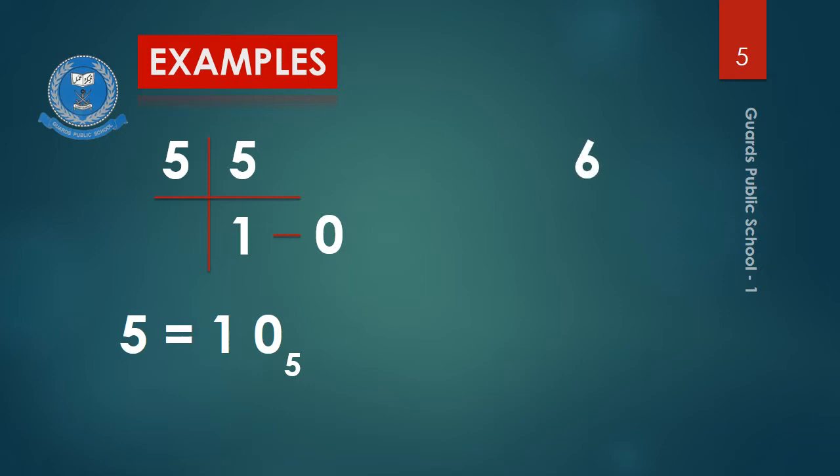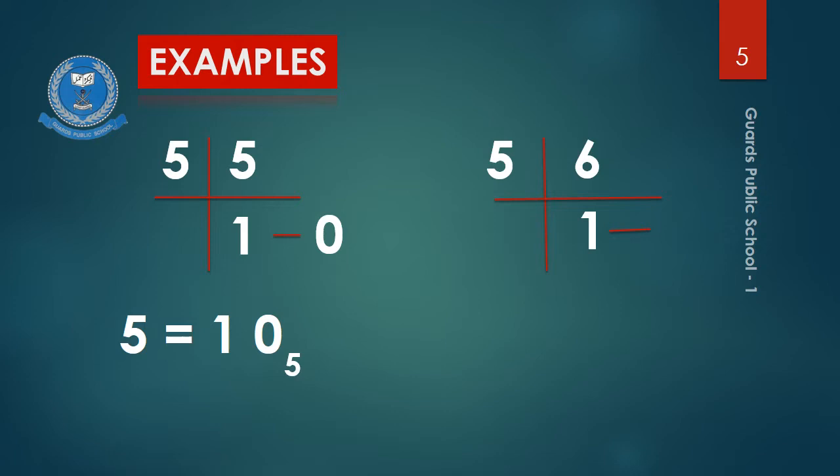Next number is 6, which is a decimal number, and we are going to convert it into base 5 system. So, divide this number by 5. Again, 5 ones are 5.